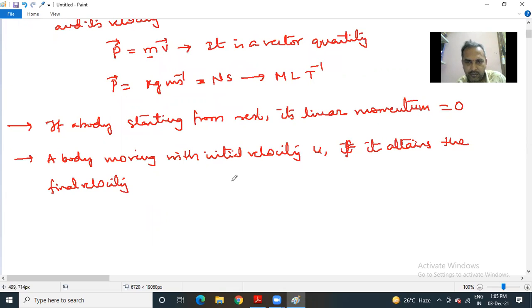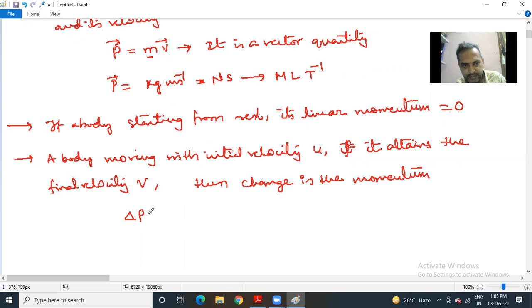Of course, without applying force, there is no question for the body to attain final velocity. We'll discuss that later. If it attains final velocity v, then the change in the momentum, delta p, is equal to mv minus mu. So mu is the initial momentum, mv is the final momentum.